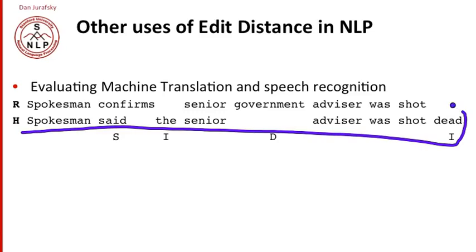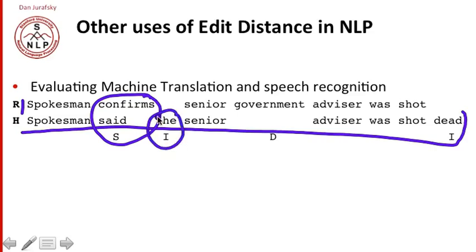And some human expert translator said it should have been "spokesman confirmed senior government advisor was shot." So we can measure the difference between these two by saying how many words changed. "Confirms" was substituted with "said". Words that were inserted, "the", and words "and dead", and words that were deleted, "government". So a way of measuring how good our machine translation is by comparing it to humans.